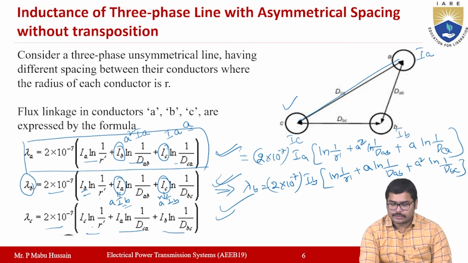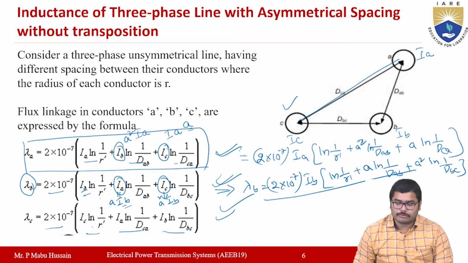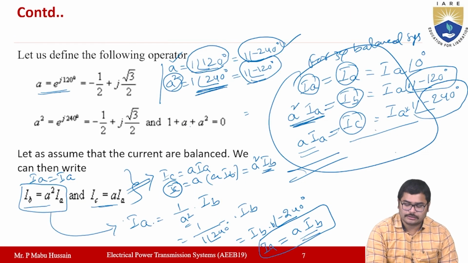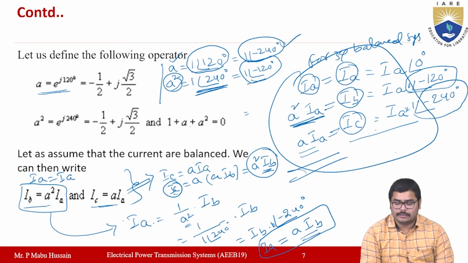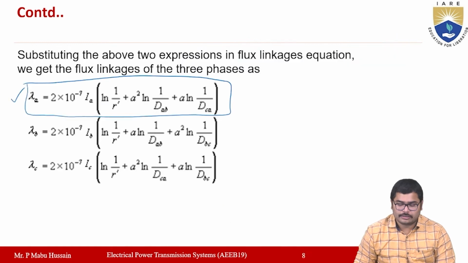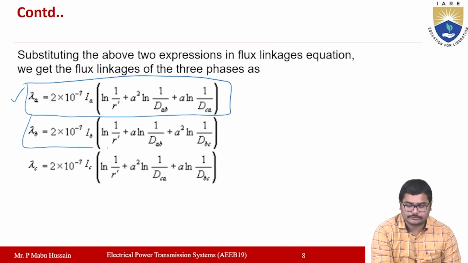You get this equation after substituting these two equations, IC is equal to A square into IB and IA is equal to A into IB, in the lambda B equation.